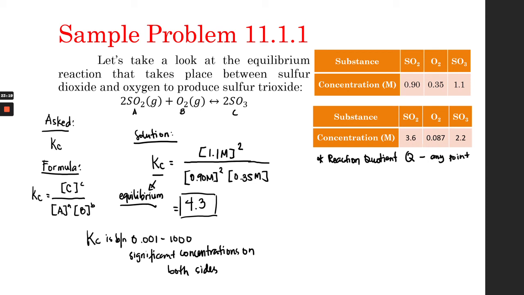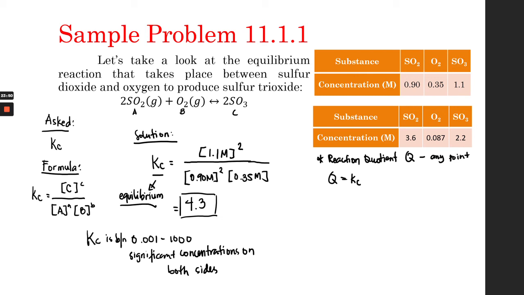So what I want you to remember now is when we solve for the reaction quotient at any point in time, this is one way that we can identify whether the reaction is at equilibrium. If we solve for the quotient of the reaction at any point in time, and it happens to be equal to Kc, then that reaction at that point in time is at equilibrium.